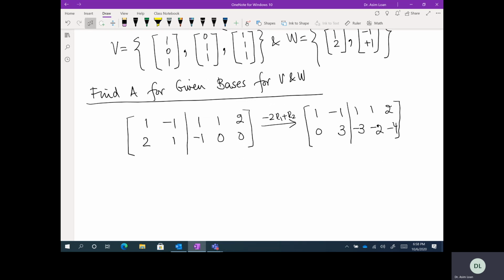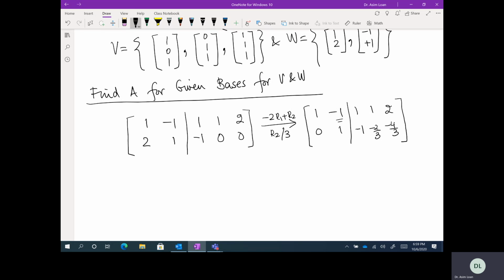And then I do R2 by 3. If I do that, this will become 1, this will become minus 1, this will become minus 2 by 3, this will become minus 2 by 3, and this will become minus 4 by 3, and this will become minus 4 by 3.